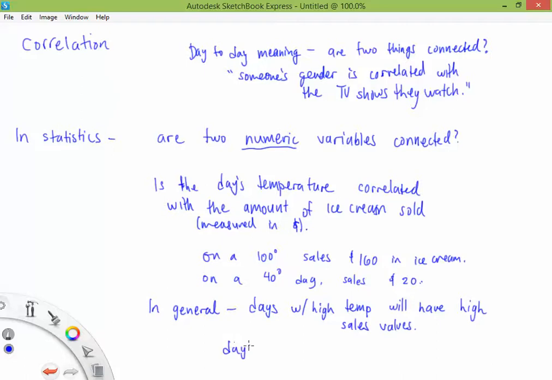Days with low temperature will have low sales values. Does this make sense? Okay? And so, in this sense, we can say correlation exists because we've got two numeric variables.